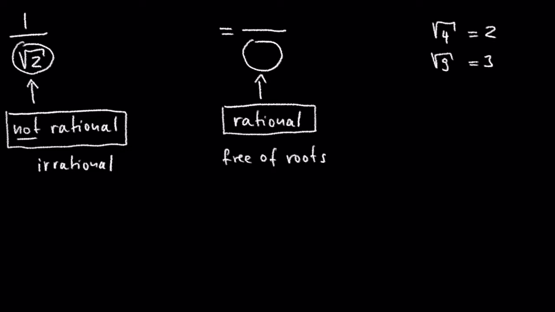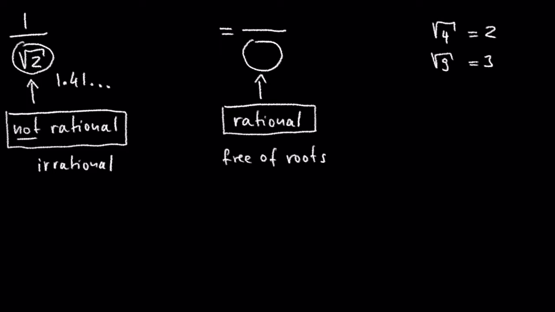The square root of 2 is equivalent to 1.41 and so on. The number is not periodic and never ends, so it's not an integer. So we want to get it out of the denominator.